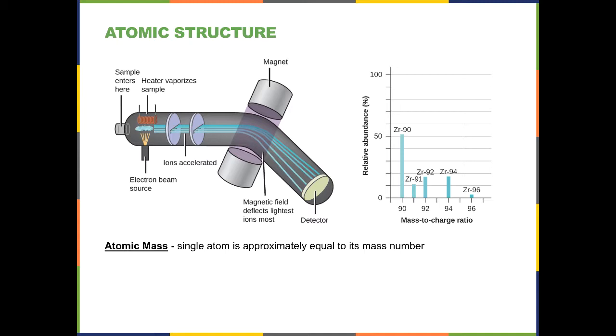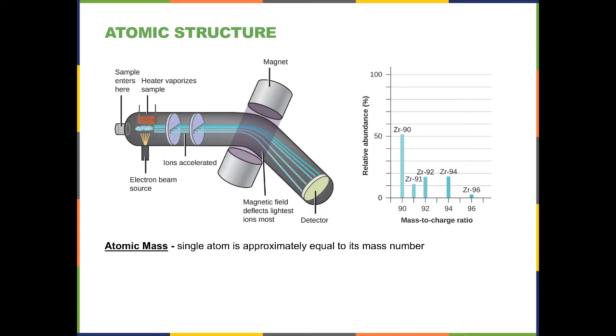Now the atomic mass of a single atom is approximately equal to its mass number. And the reason it says approximately is because of the presence of what we talked about before, that is the isotope. And this is an experiment that was used to show that isotopes exist.